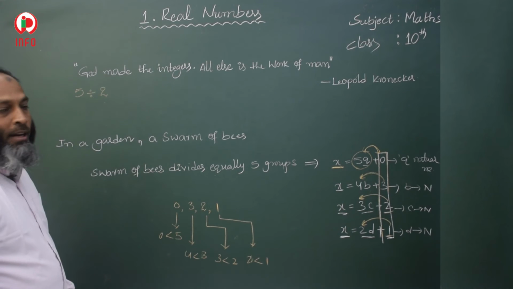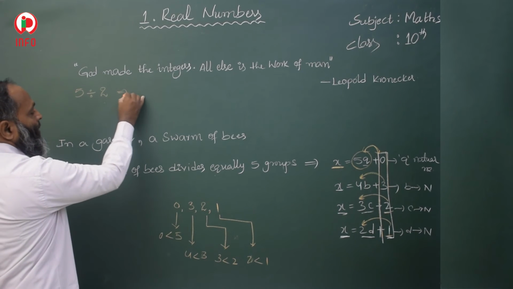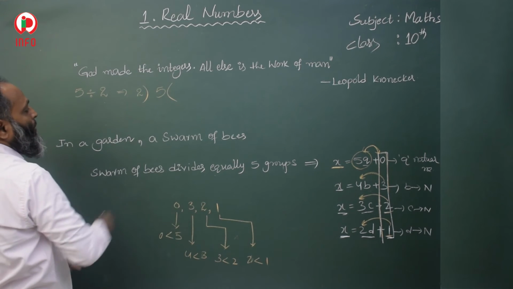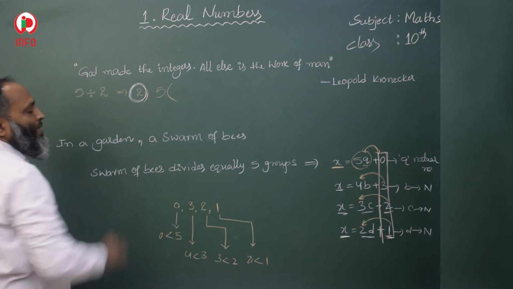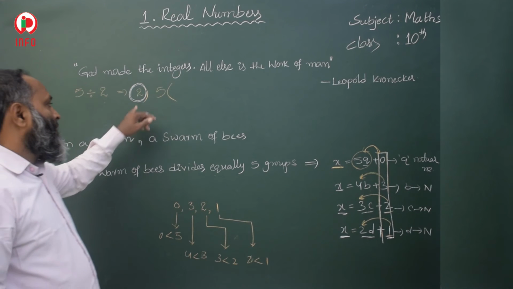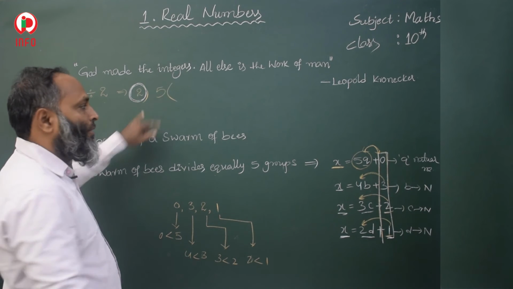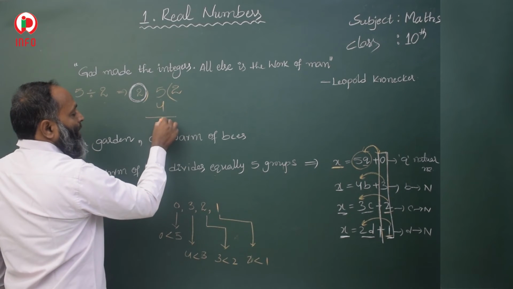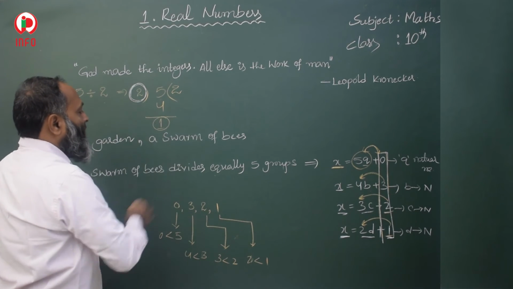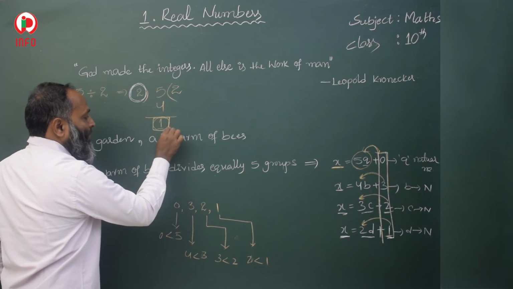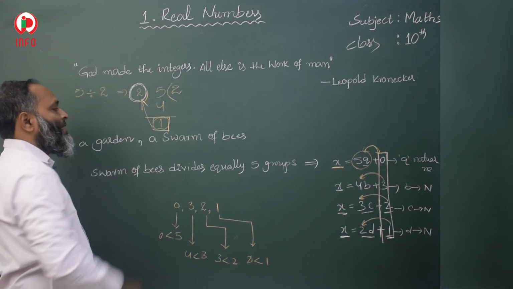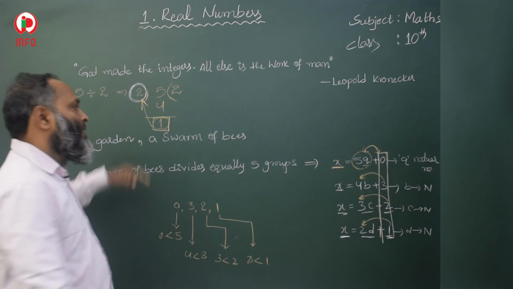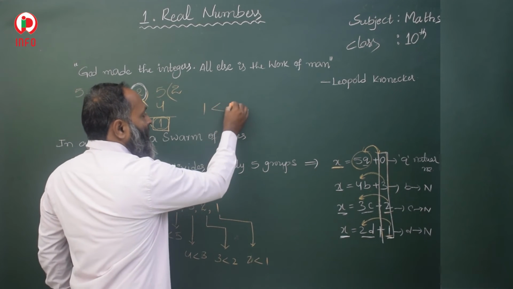Here 2 is the divisor. Now we check intuitively: 2 twos are 4, and the remainder is 1. The remainder is always less than the divisor. So that is why 1 is less than 2.